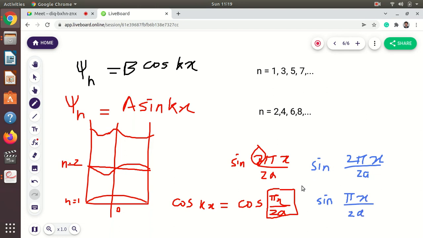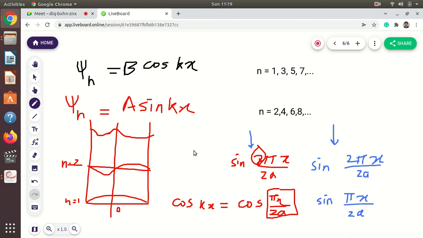Therefore you can use any of these, but the topic of this discussion is the energy eigenvalue. The energy eigenvalue remains the same either way, whether you use the symmetric well or the asymmetric well. In your syllabus they have used the symmetric kind of potential. So I guess this is enough for today.